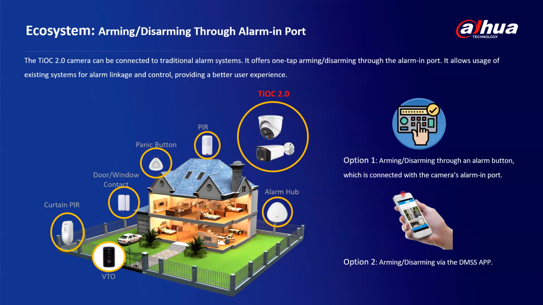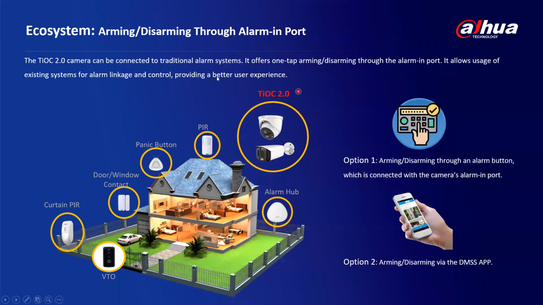In this case, we have other combinations whereby the TiOC camera acts as the linkage. We have the video intercoms, the curtain PIRs, the door and window contacts, the panic button, the PIR sensors, and again the alarm hub. This alarm hub is connected to all these products and integrated with the TiOC 2.0 camera product.